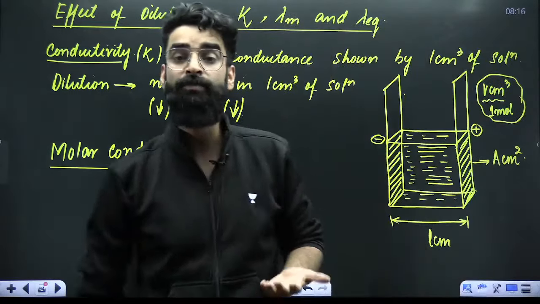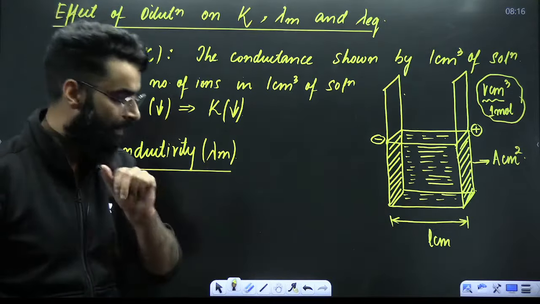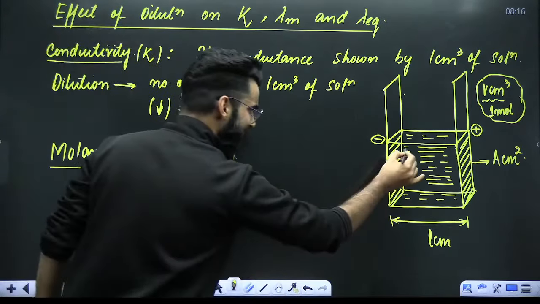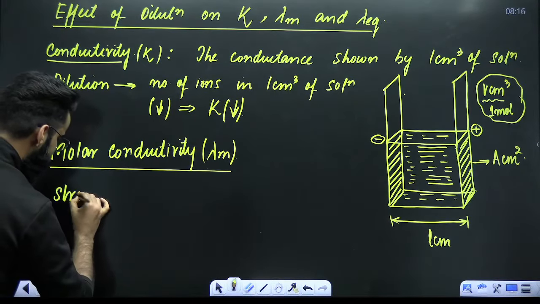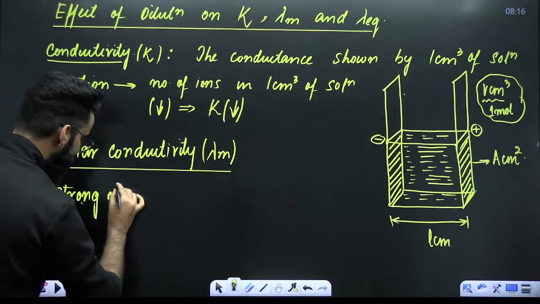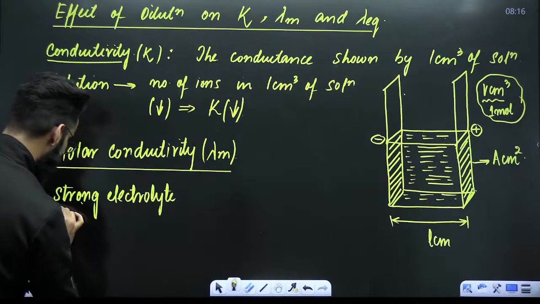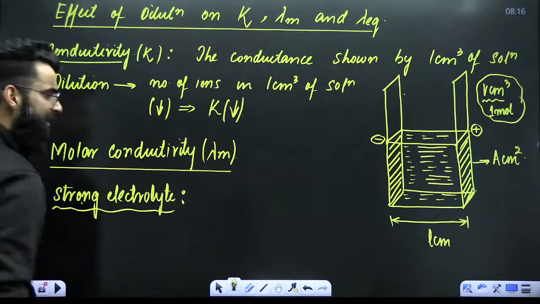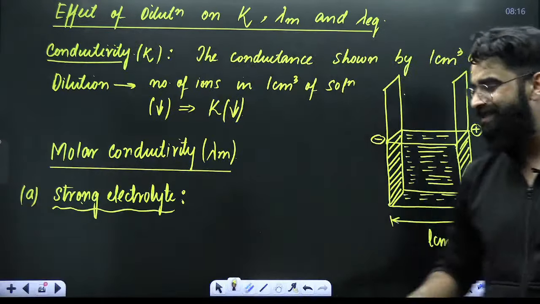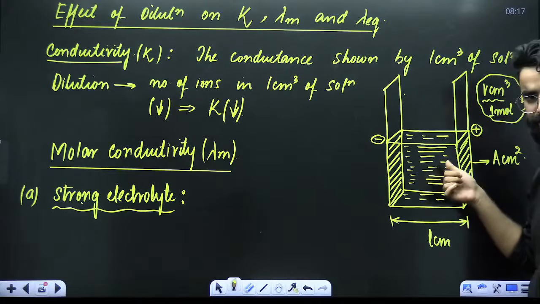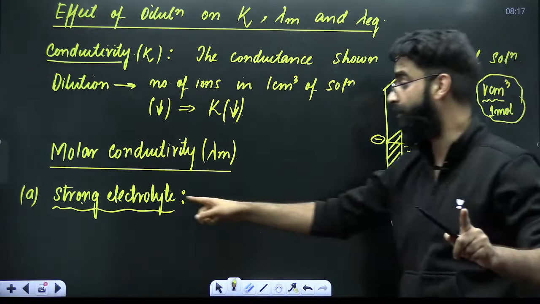Now, what happens to molar conductivity with the dilution? That is the discussion. Imagine that in this particular solution, the electrolyte which we have used is a strong electrolyte. I'm assuming that in this given volume of solution, there is 1 mole of strong electrolyte present.